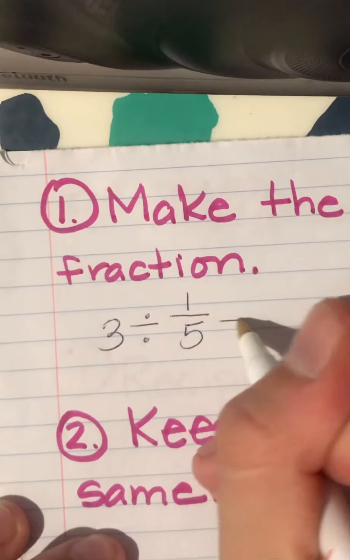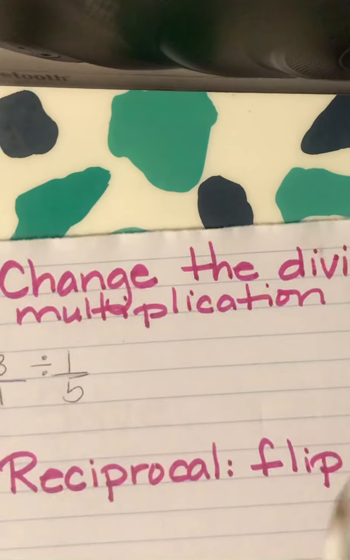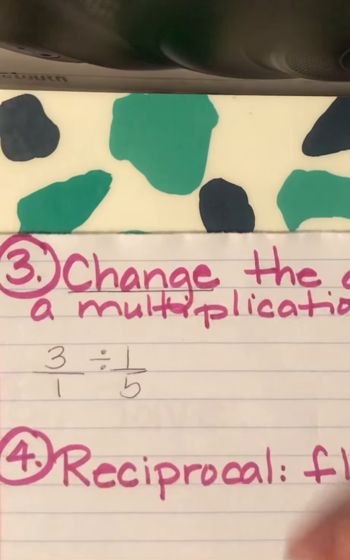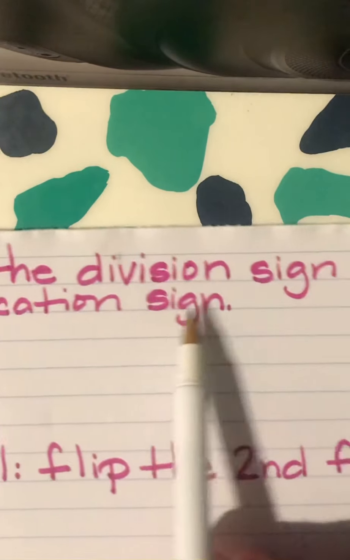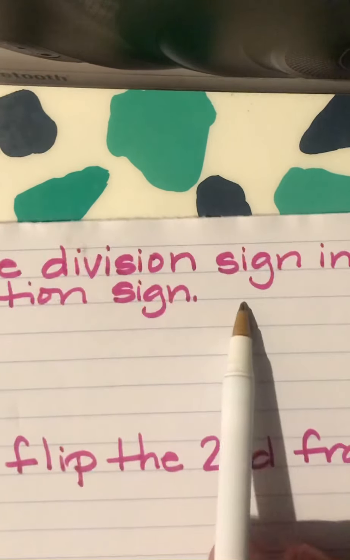So here's my original expression, 3 over 1 divided by 1 over 5. Step 3 says to change, right? So we're changing the division sign into a multiplication sign.